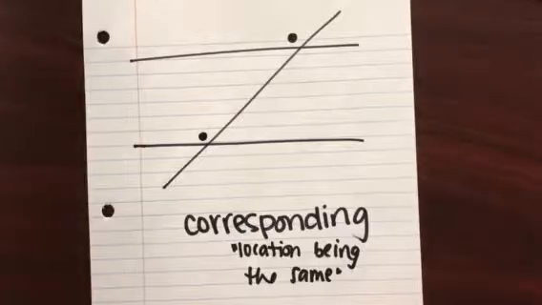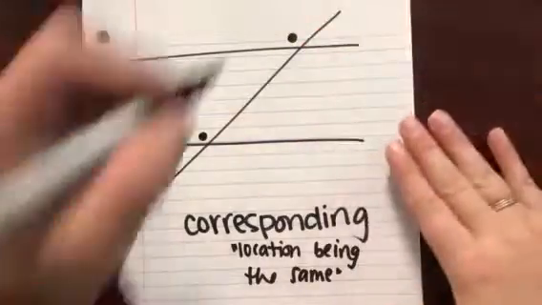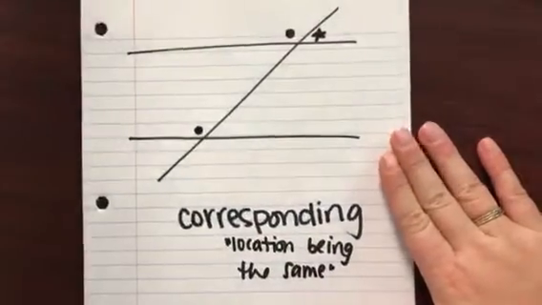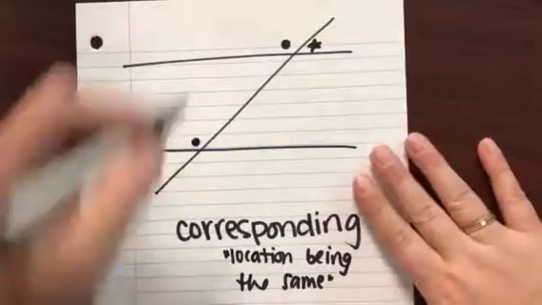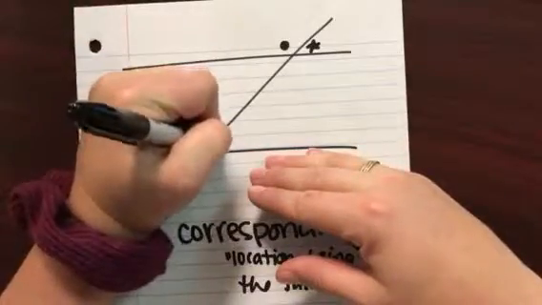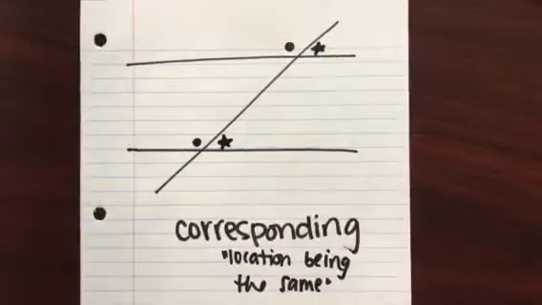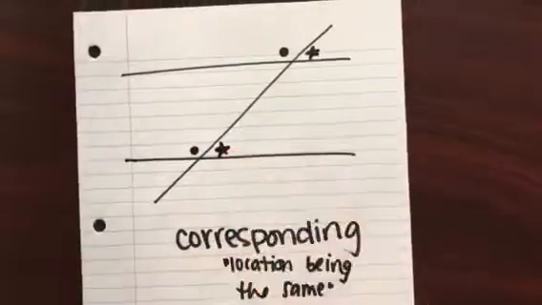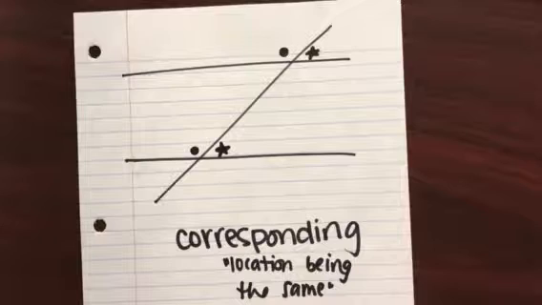Another set of corresponding angles using the same location is going to be to the right of our first angle we looked at, and then same location but on our lower line here. The circle corresponds with the circle, the star corresponds with the star. They have the same measure.